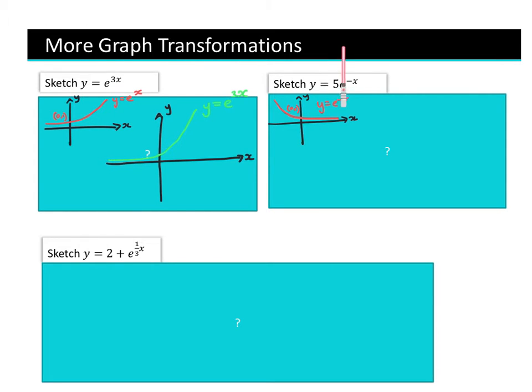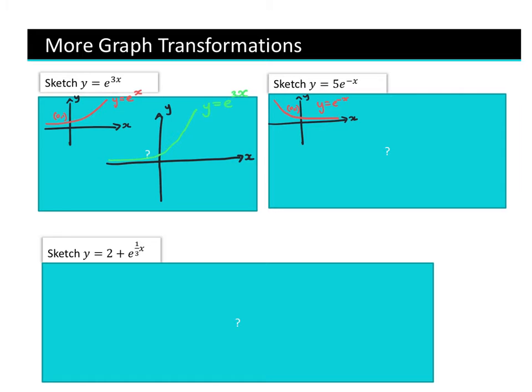Okay, but this time we've got a 5 on the outside. Inside or outside the bracket? Outside, who does it affect? Y, we're going to multiply our y coordinates by 5. So what we are going to find is this point here is going to change and our graph is going to look slightly steeper.